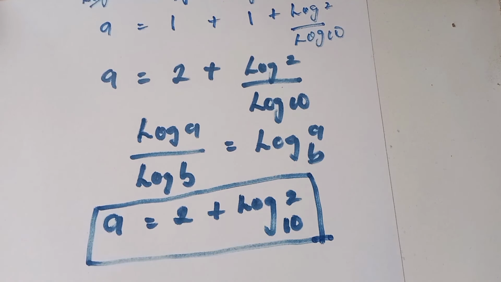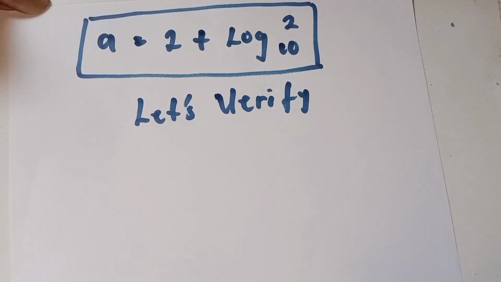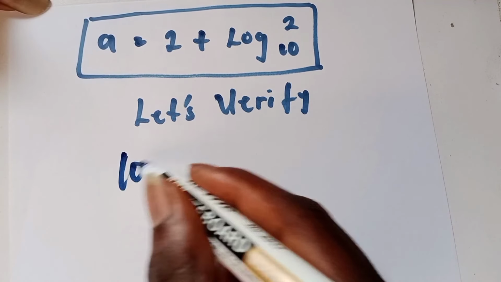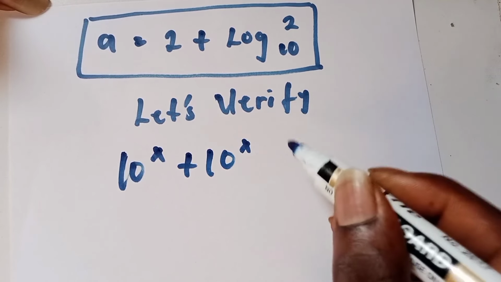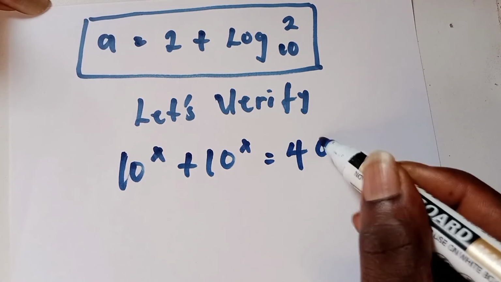Now let's verify and check if this solution satisfies the equation. So we have 10 raised to power a plus 10 raised to power a is equal to 400.